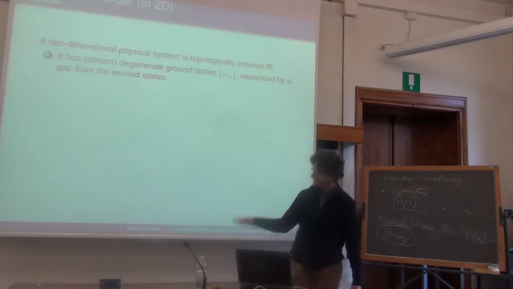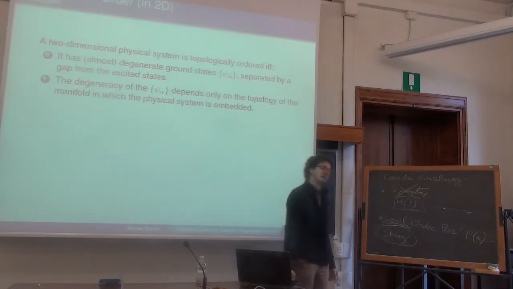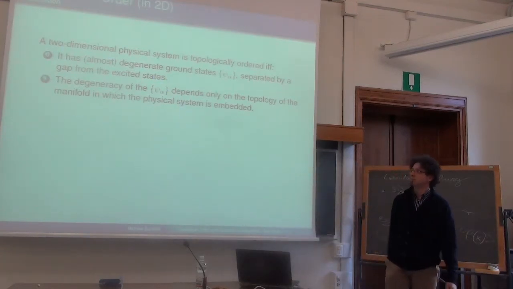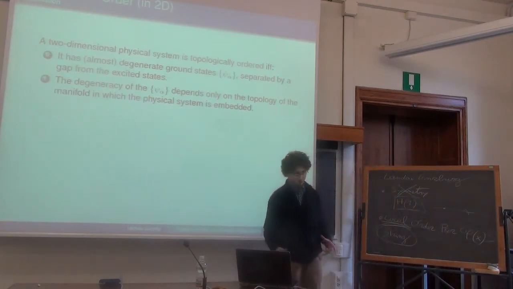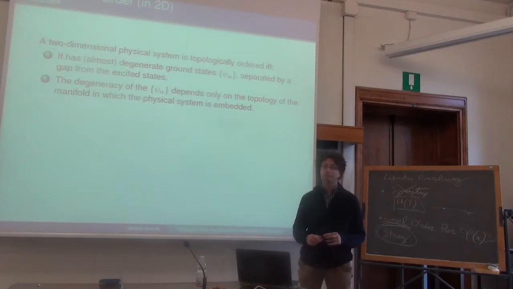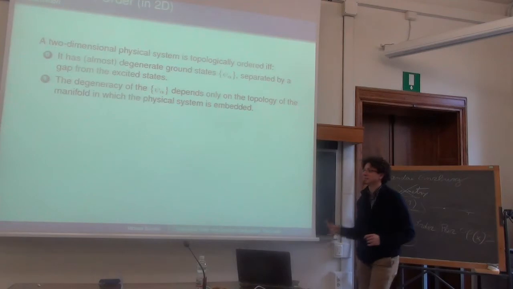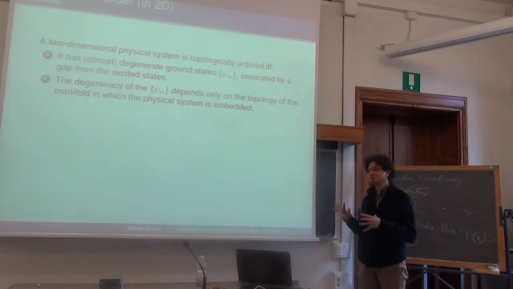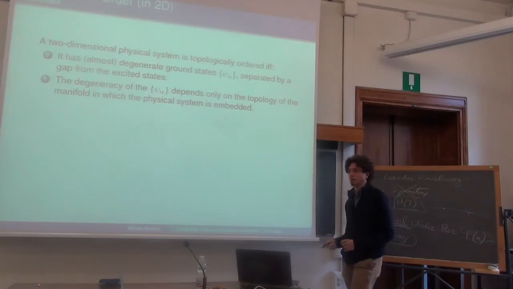So once you have fulfilled this requirement, you may ask how this degeneracy of the ground states depends on the physical properties of the system. And the key point is that the number of degenerate ground states must depend only on topological properties of the system, namely on the boundary conditions or on the presence of holes in our system.